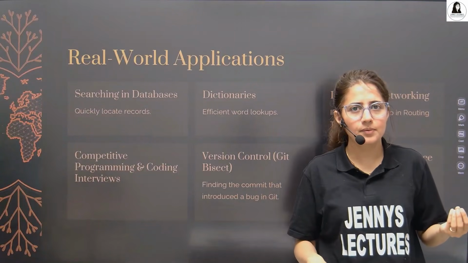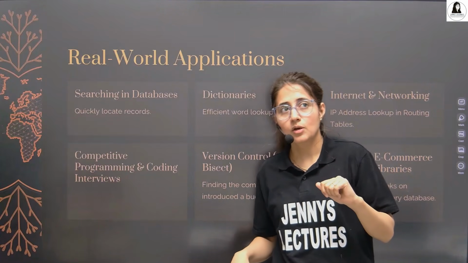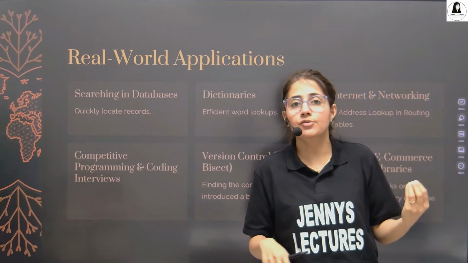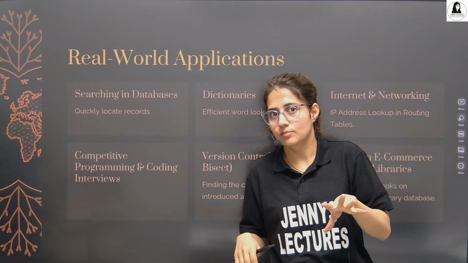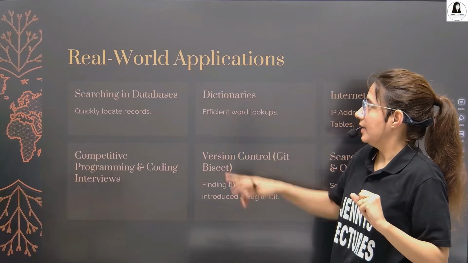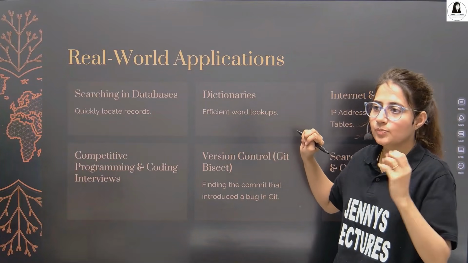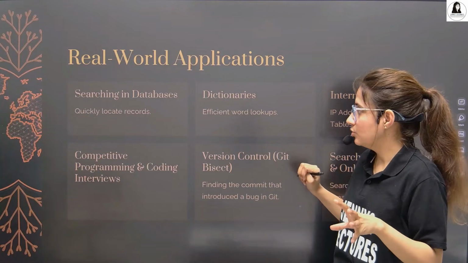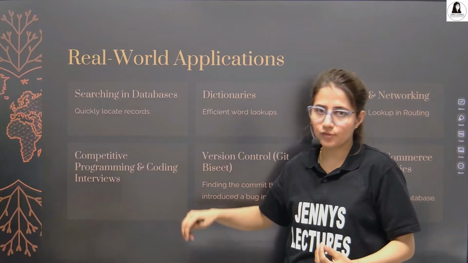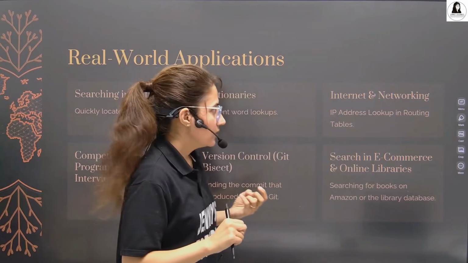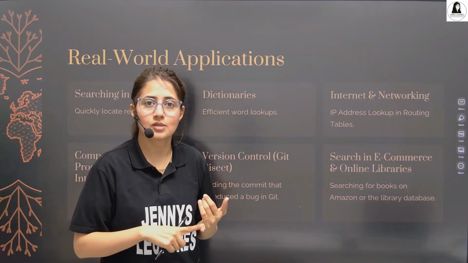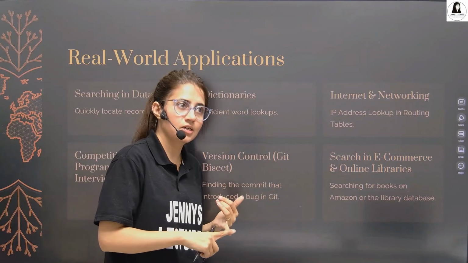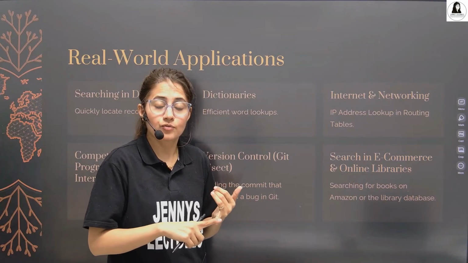Some real world examples: while searching in databases or large data structures like B trees and B plus trees, binary search is used. In dictionaries, while spell checking, binary search is also used. In competitive programming and coding interviews, you have seen the questions I told you about: find the first occurrence, find the number of duplicates, find the last occurrence of this element.